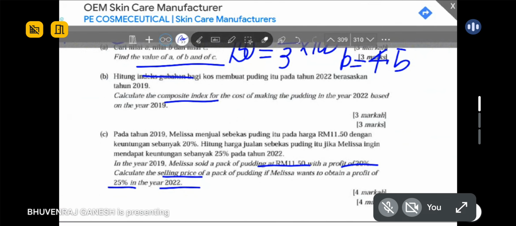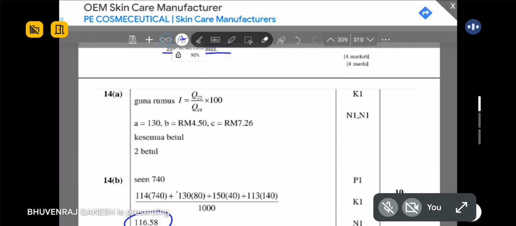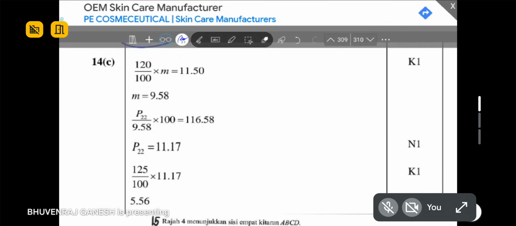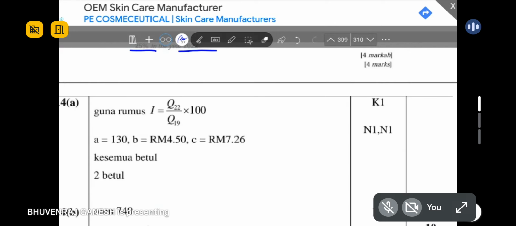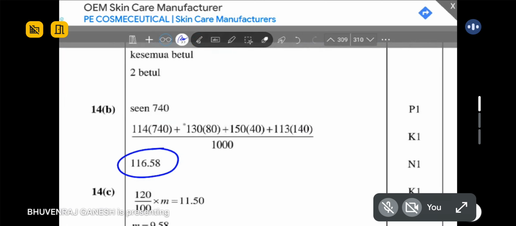Index gubahan. So basically, you must find the composite index. So they say profit of 20%. So means that the index is 120 lah. Am I right? Index dia 120.